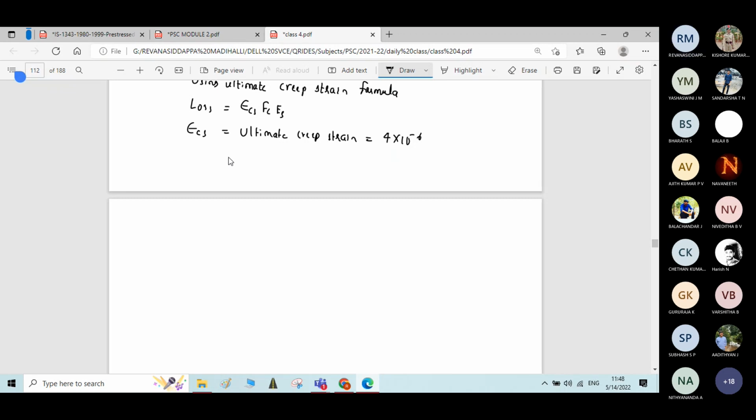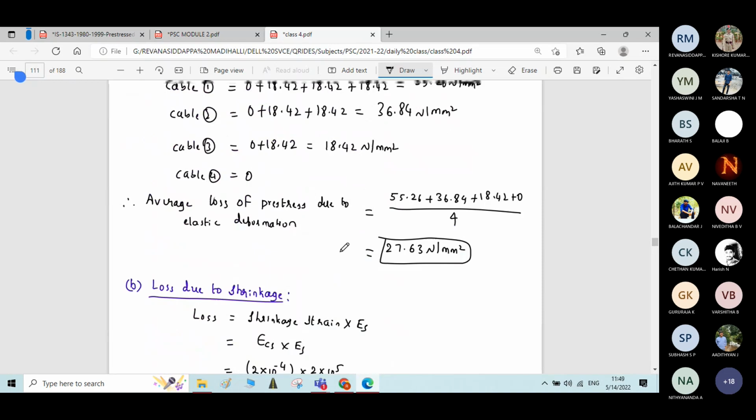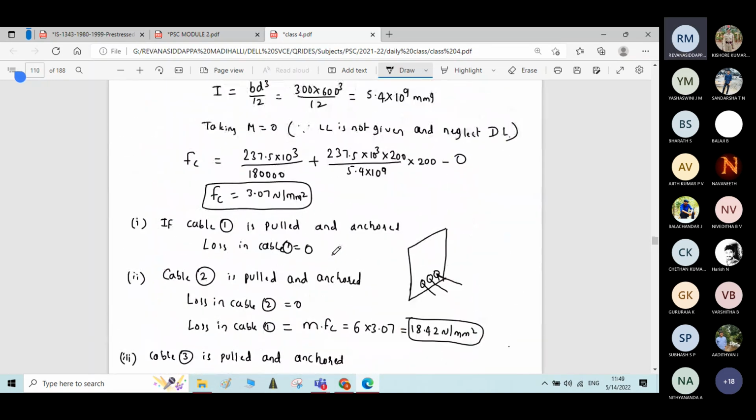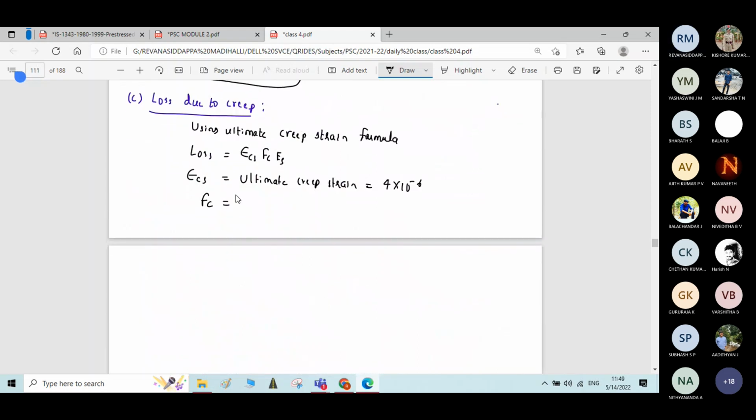Then fc, what we calculated just before, is 3.07 Newton per mm square. And Young's modulus of steel Es is 2 into 10 power 5 Newton per mm square.